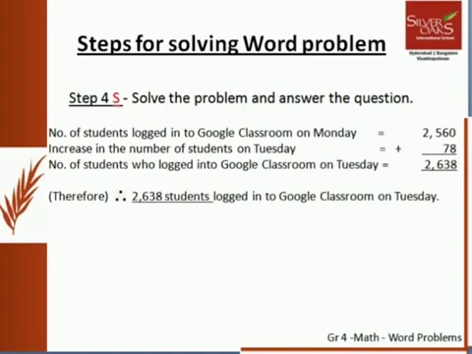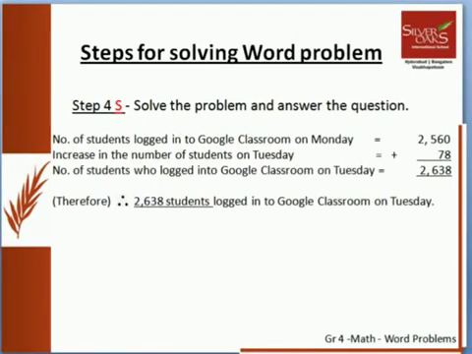Increase in the number of students on Tuesday is equal to 78. Since in step 3 we have decided to add, let us add 2560 and 78 and write the third statement as number of students who logged into Google Classroom on Tuesday is equal to 2638.